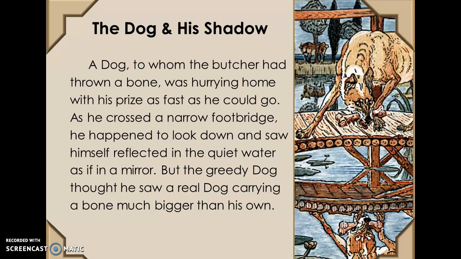A dog, to whom the butcher had thrown a bone, was hurrying home with his prize as fast as he could go. As he crossed a narrow footbridge, he happened to look down and saw himself reflected in the quiet water, as if in a mirror. But the greedy dog thought he saw a real dog carrying a bone, much bigger than his own.